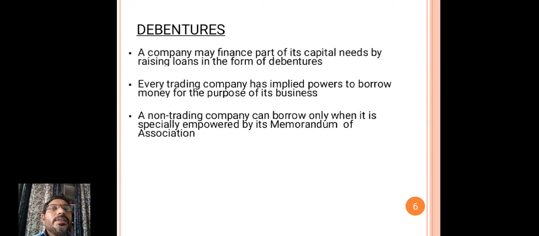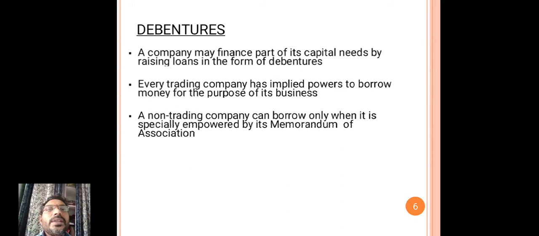There is a lot of difference between a share and a debenture. A share is a share in the share capital of a company, right?